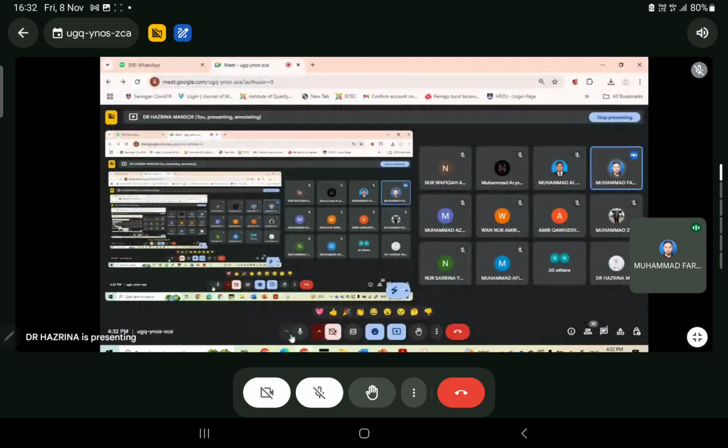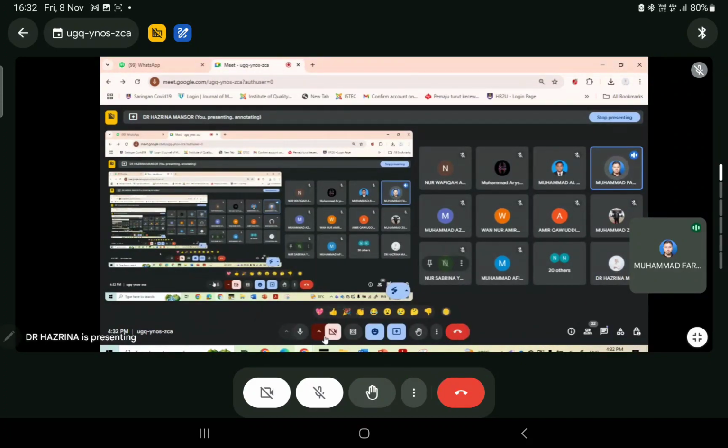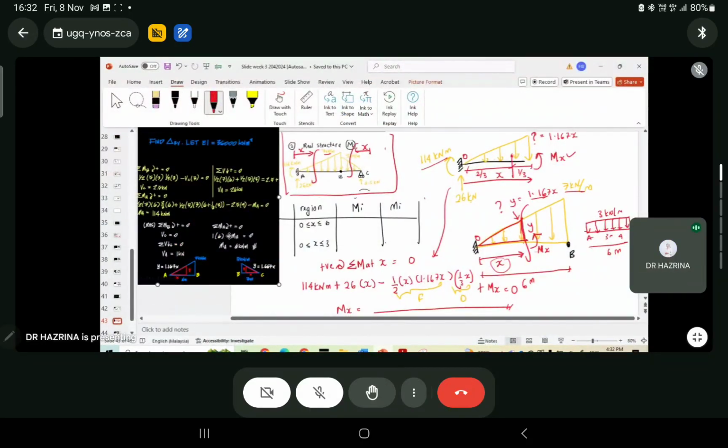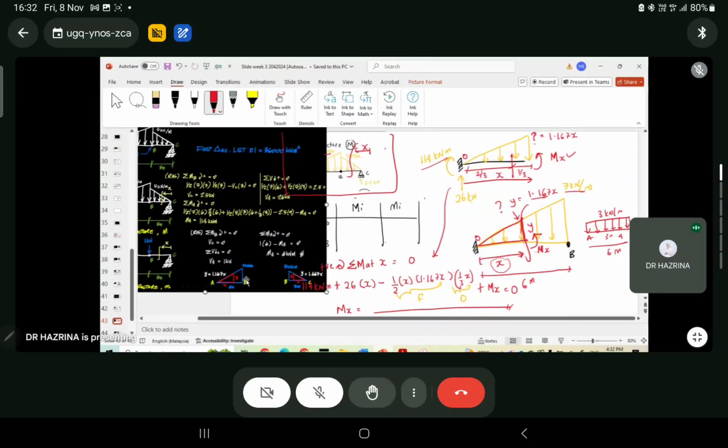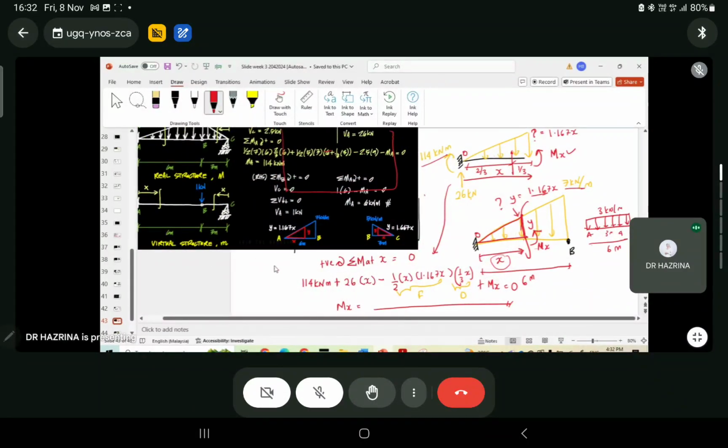What I am not clear about, doctor, is how you get 1.167X. I am not clear how to get 1.167. You have to do a ratio. It means like this. You need to look into the ratio. So if 7 is equal to 6, isn't it? For Y, you need to find the ratio.